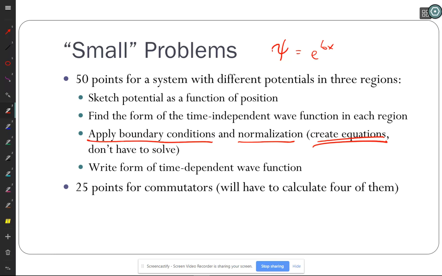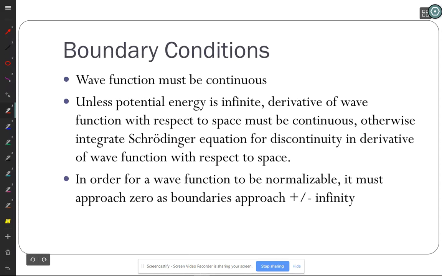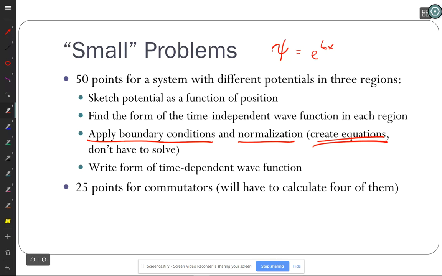So in other words, it's not going to take you a long amount of time to do this. We're not doing the actual hard math. We're just saying, okay, my boundary conditions are, and we have them right here, and you're going to show that you know what it means to apply those boundary conditions. You're not going to have to find the quantized energies. You're not going to have to find the constants. You just have to have the equations that you could use to find them had you another 2 hours.